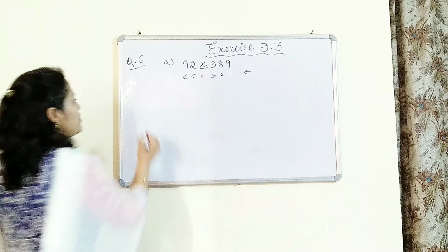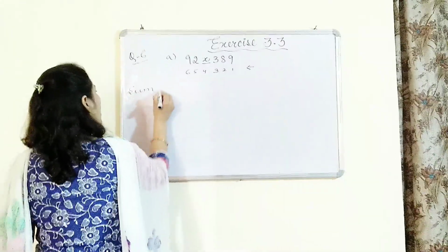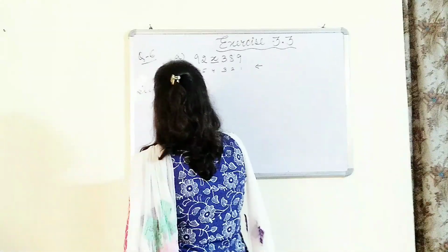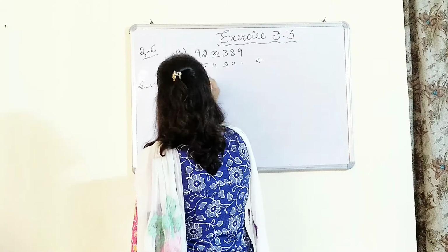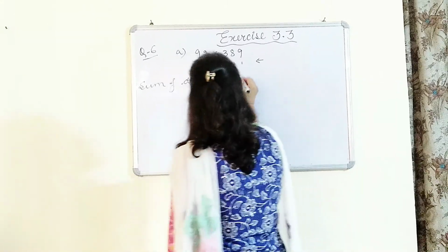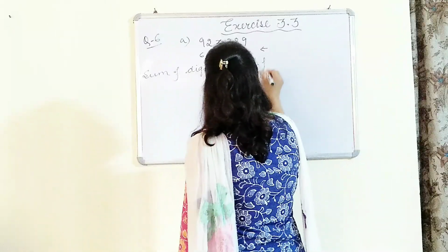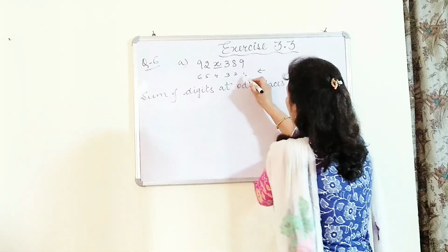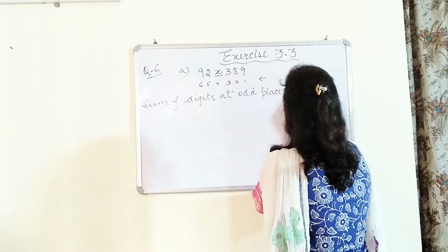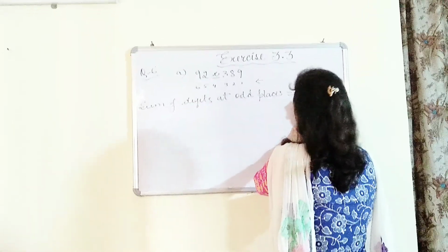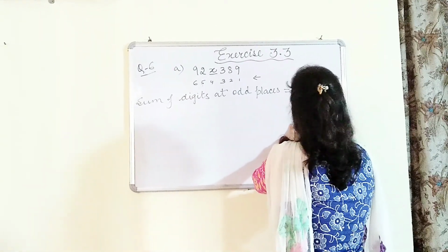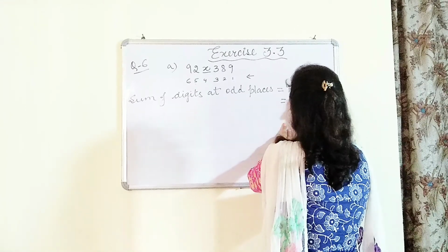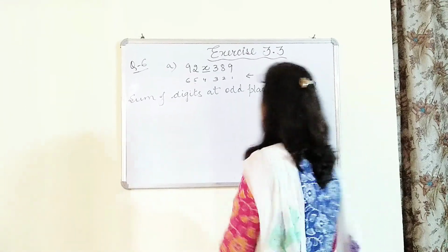Okay. Now sum of digits at odd places. One, 3, 5. So 9 plus 3 plus 2. 9 plus 3, 12. 12 plus 2, 14.